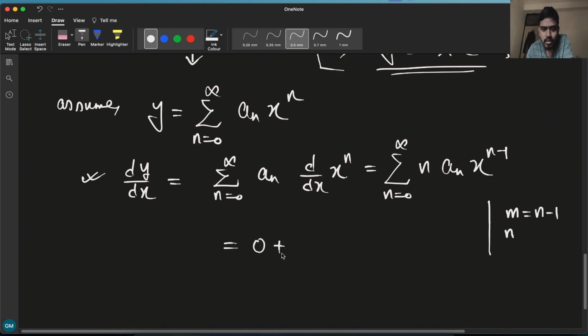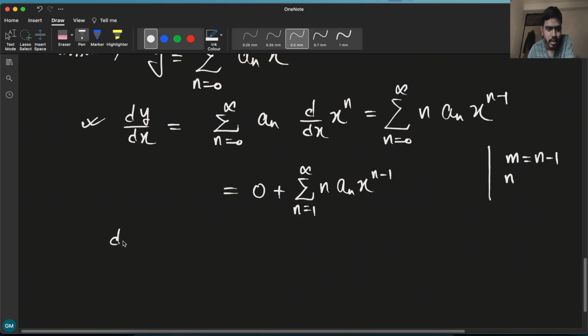So there will be 0 plus the sum from n equals 1 to infinity of n a_n x to the power n minus 1. The n equals 0 term is 0, so I am excluding it from the summation. So now what I have is basically dy/dx equals the sum from n equals 1 to infinity of n a_n x to the power n minus 1.